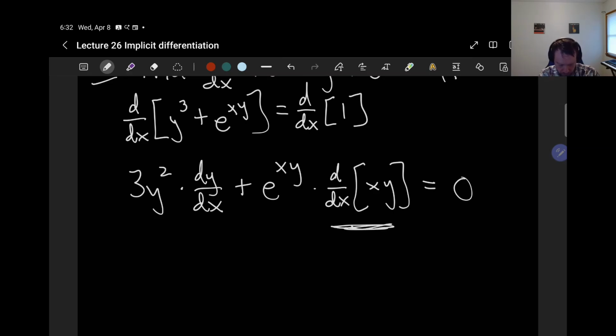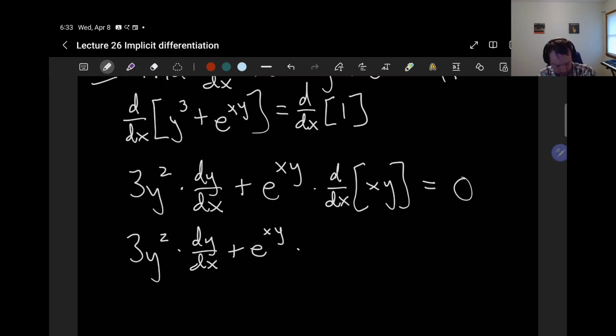So still a little work to do there. Notice that that's a product rule, because y does depend on x, so this derivative will affect this part too. So it's a product rule.